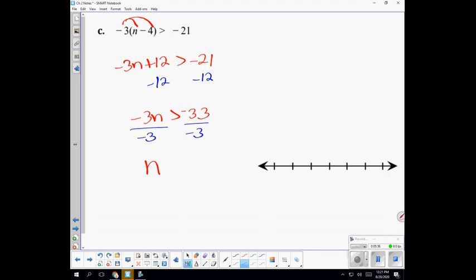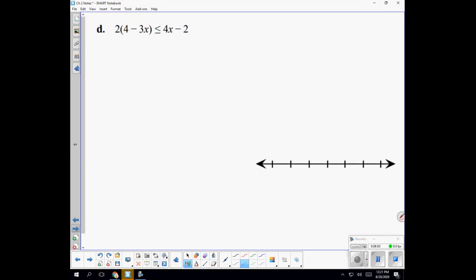And that gives me n is going to be less than, now because we divided by a negative, we need to flip that sign. n is less than 11. So I go to put this on my number line here. Less than is going to be an open circle, and it's going to be in that direction.